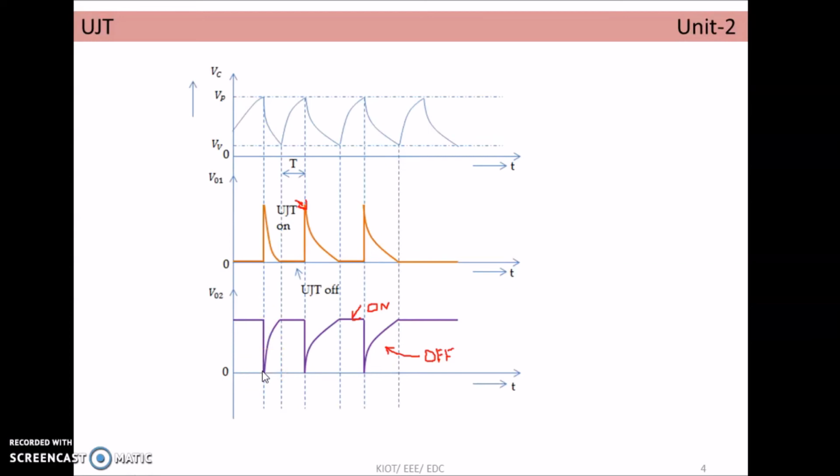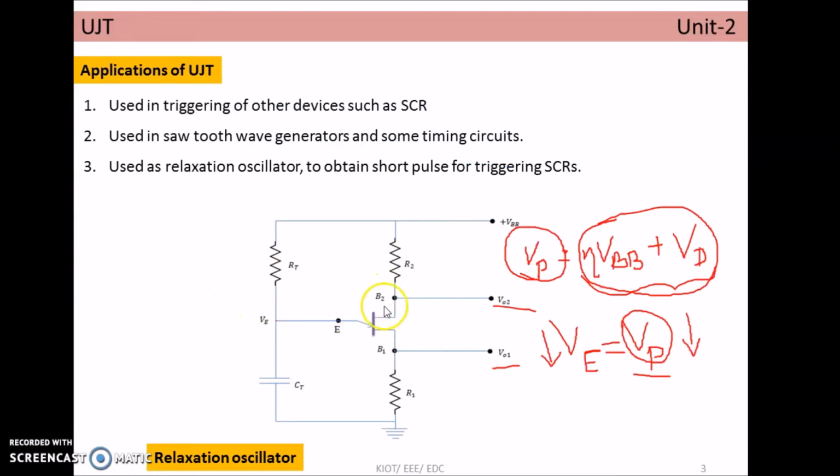Since it acts as a closed switch, the capacitor discharges fast, so the voltage across the capacitor immediately becomes 0. The emitter voltage will be very low, the reverse bias will be more pronounced, and the UJT is said to be in the off state.